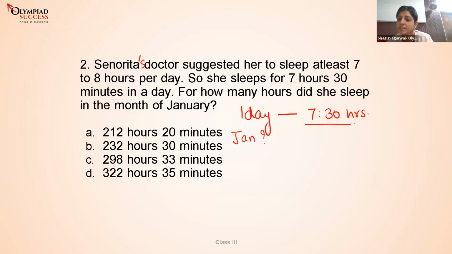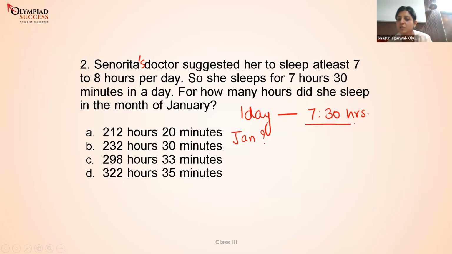Absolutely right. But in the case of time, Aradhya, 7.5 is not taken as 7.5. Whenever we are multiplying time, it works a little differently than how we multiply normal numbers. The addition, subtraction, multiplication, and division of time is a little different as compared to the other numbers.